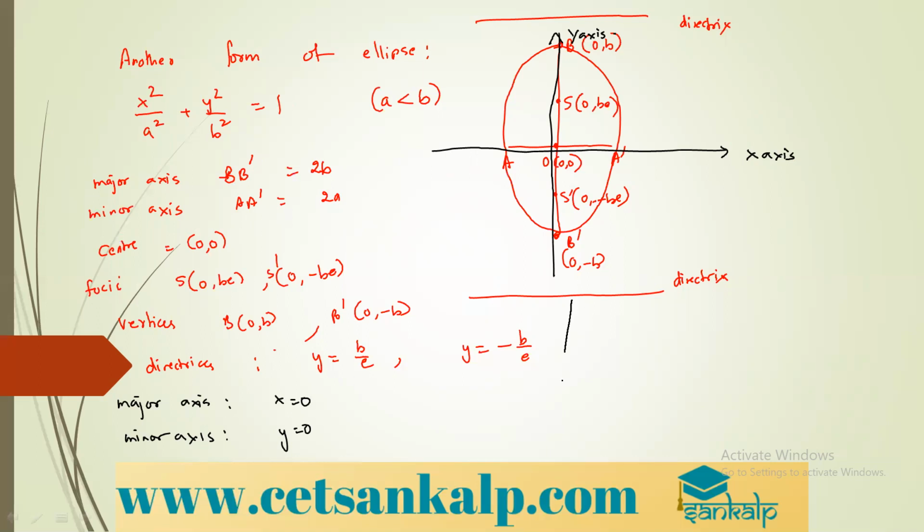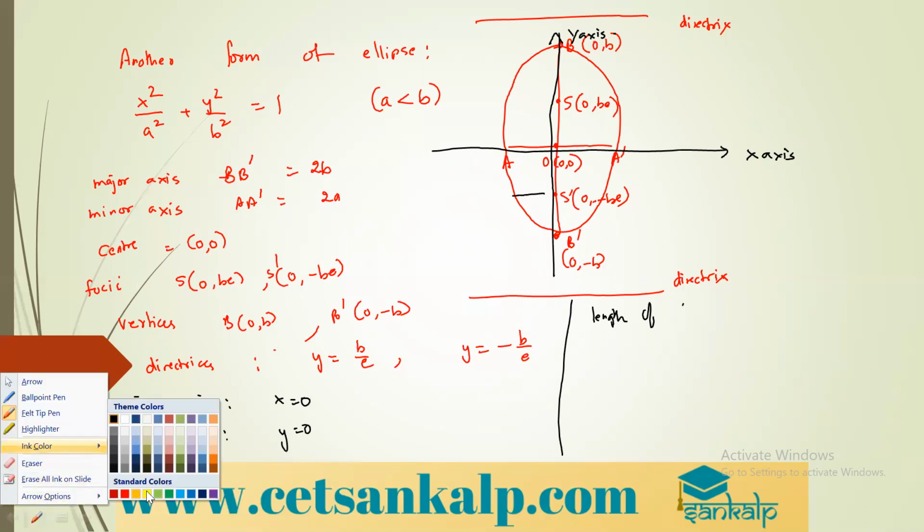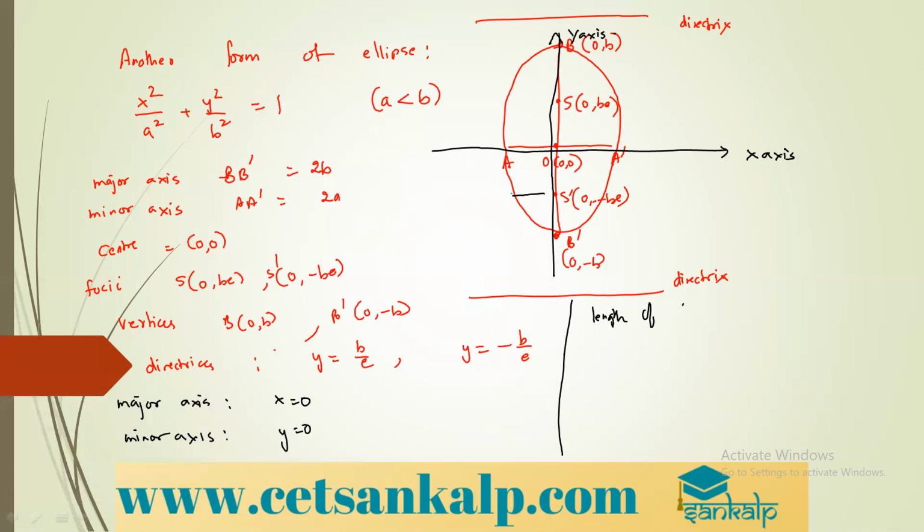Then some more things we can add. The length of the latus rectum. Latus rectum means I have to draw. I'll take a different color. Latus rectum is a chord LL dash passing through focus and perpendicular to the major axis.